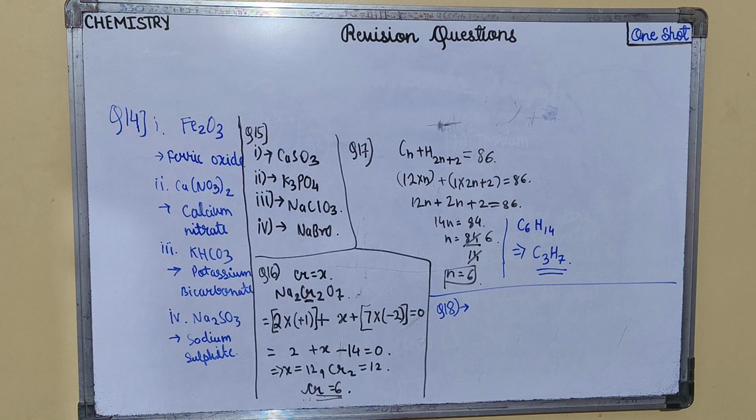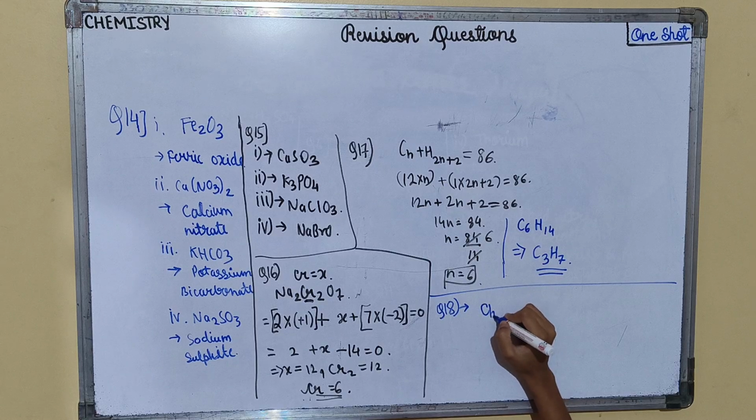The action of chlorine on cold sodium hydroxide solution results in the formation of sodium hypochlorite. So balancing the equation by partial method.